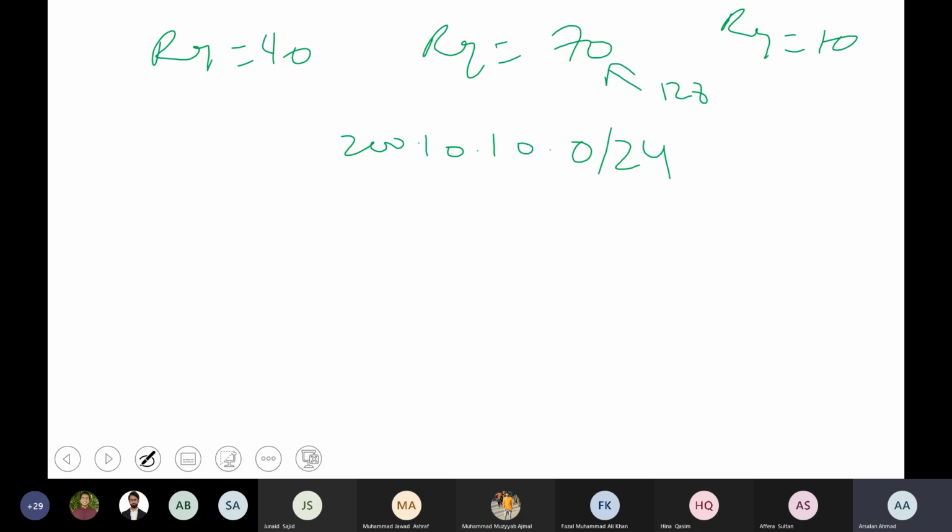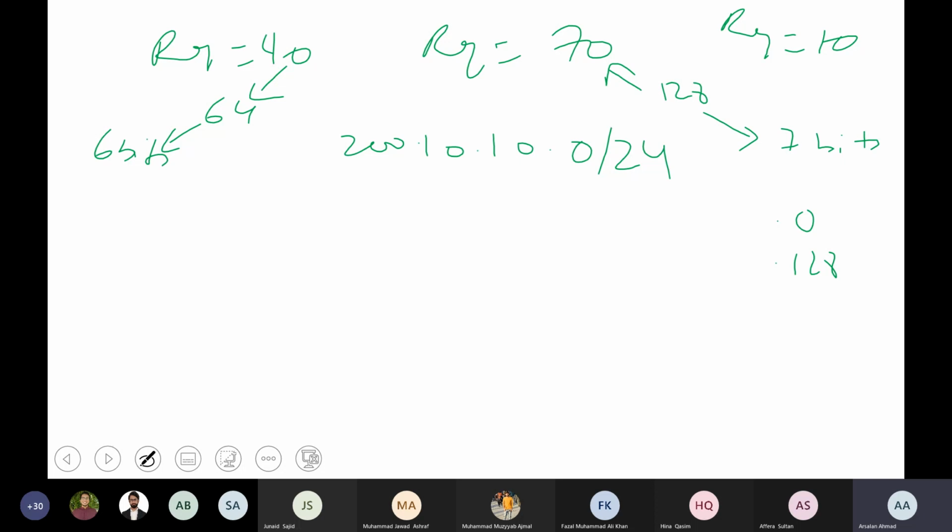Why? Because 128 means that you require 7 bits in the suffix, right? So this basically means that 128 is divisible either by 0 or by 128. Over here 40 means the next power is 64, which means 6 bits.